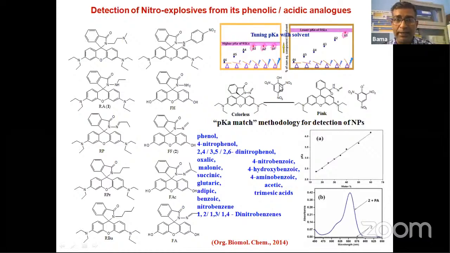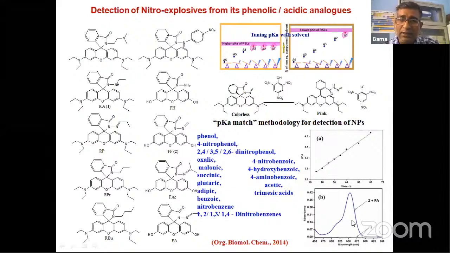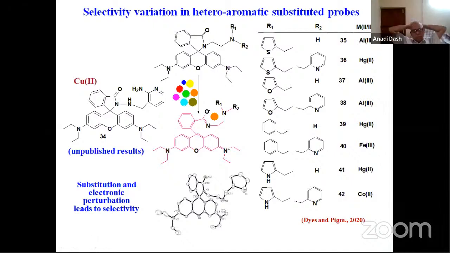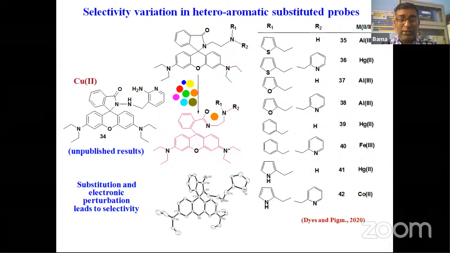But in this case, we have found that if the pKa of the acid or the base matches, it helps in opening up the spiro ring, and we get the fluorescent signal. So those are the various cases of how to tune the selectivity in this kind of system with the help of different heteroatomic systems.